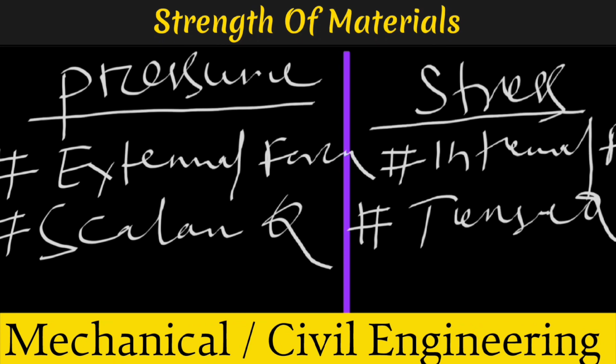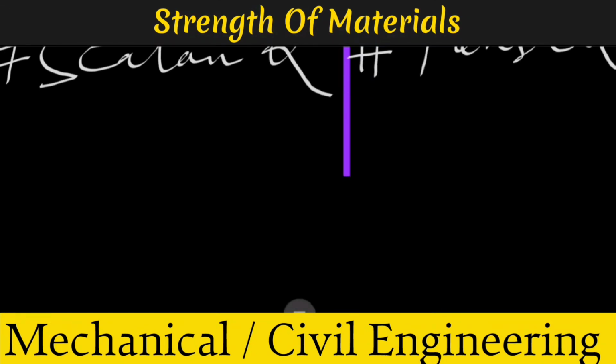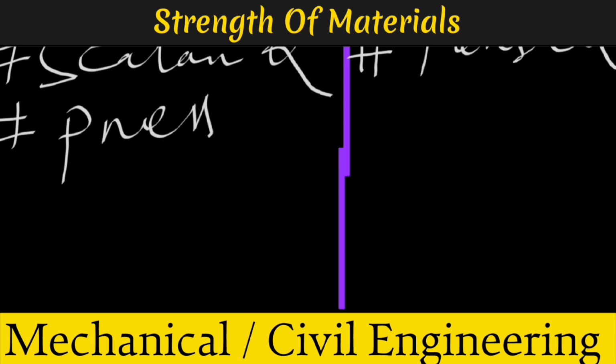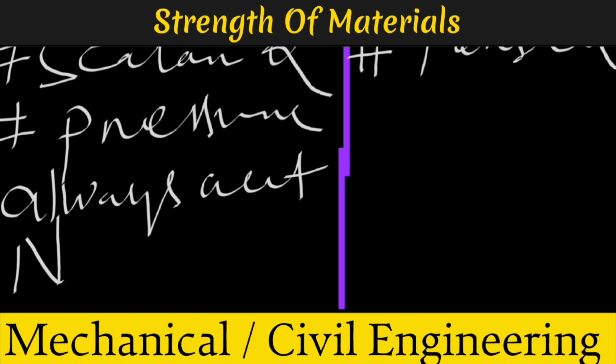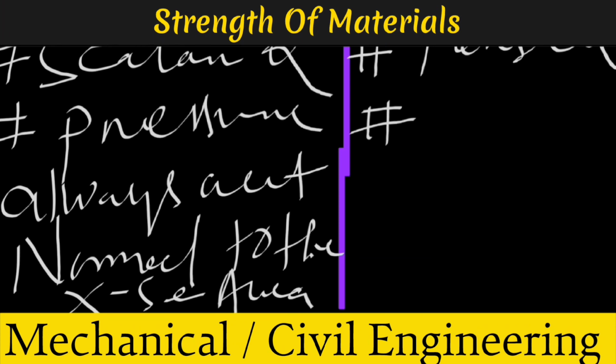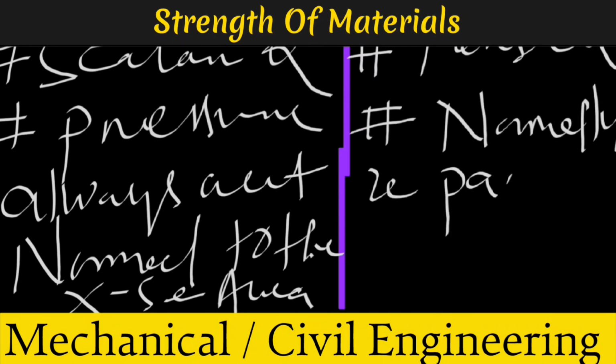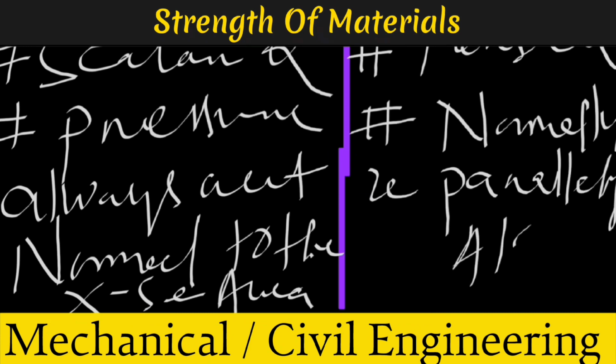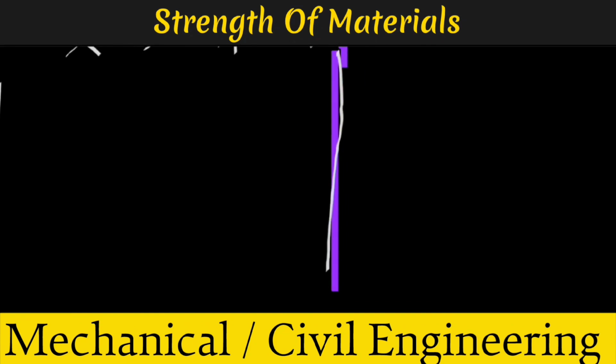Always remember. And next, pressure always acts normal to the cross sectional area, while stress acts normally and parallelly also. Okay, pressure can be measurable.